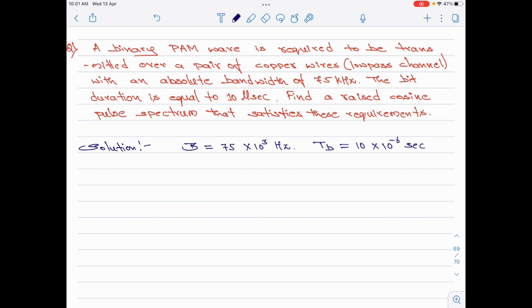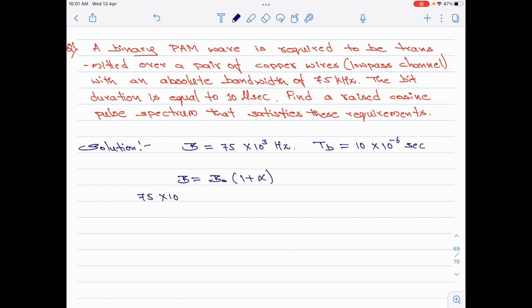So, let us start by once again writing an equation that relates the absolute bandwidth or the transmission bandwidth B, the bandwidth B naught of the raised cosine pulse spectrum, and the roll-off factor alpha, which is given by B is equal to B naught into 1 plus alpha. The value of B is 75 kilohertz.